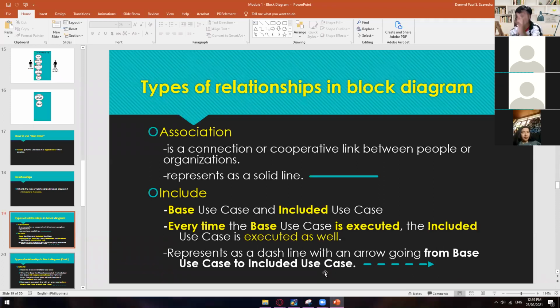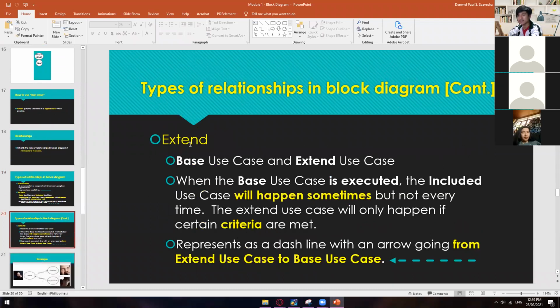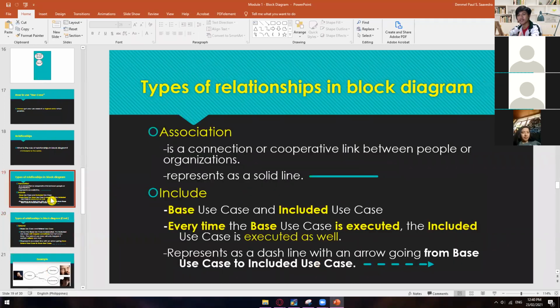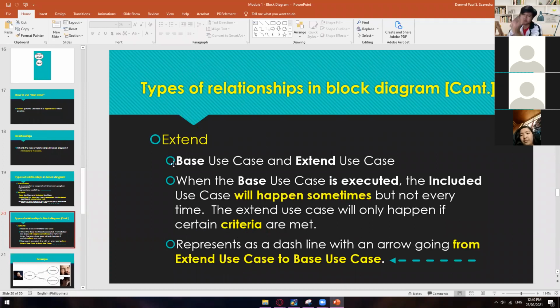Okay, that's another representation of relationship, which is the extend. Okay, so take note, when we see extend, it's not mandatory. Ganun na lang kasimple yung explanation. So when we say include, it's mandatory. But when we say extend, yeah, it's still part of your system. It's like another functionality that will happen once the base is executed.